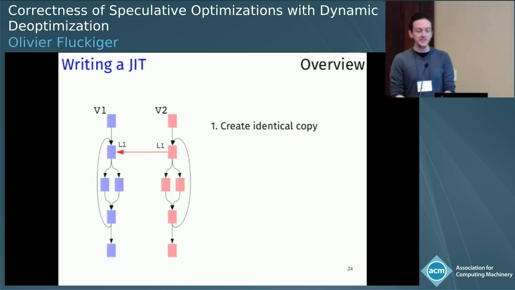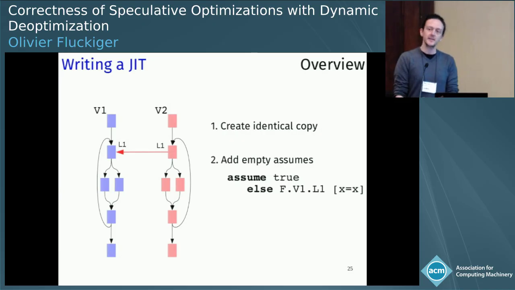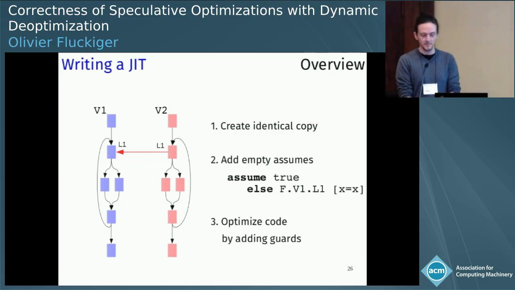So the first step is that we simplify the problem. We start with a copy of the source version, a one-to-one copy. In that copy, I can add assumes as much as I want, and it's fairly trivial to do because I just go back to the same label, and the variable map is the identity map because it's a copy.